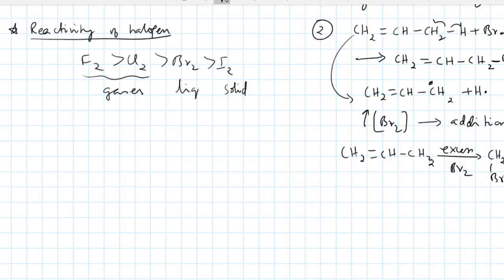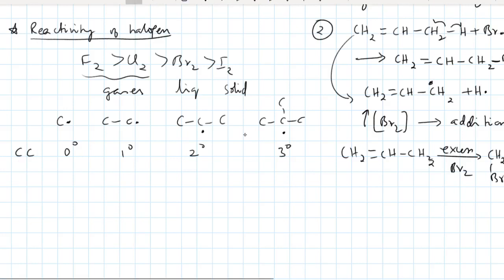And in the case of free radicals, you know that you have the methyl free radical, primary free radical, secondary free radical and tertiary free radical. I told you this is comparable to the carbocations, therefore the tertiary will be most stable.